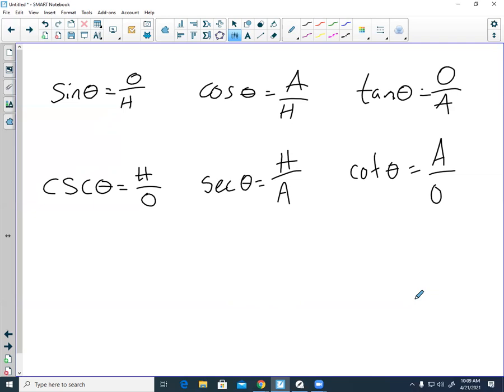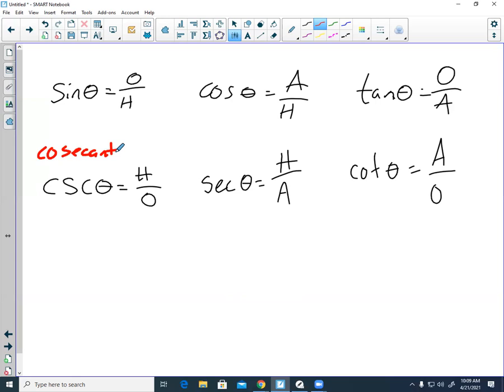Now, the easiest way that I think about it is, if you look at this, every one of them, everything in this line has one with a co in it and one without a co in it. So sine doesn't have the letter CO in it, but cosecant does have the letter CO in it. Cosine has CO in it, secant does not have CO in it.